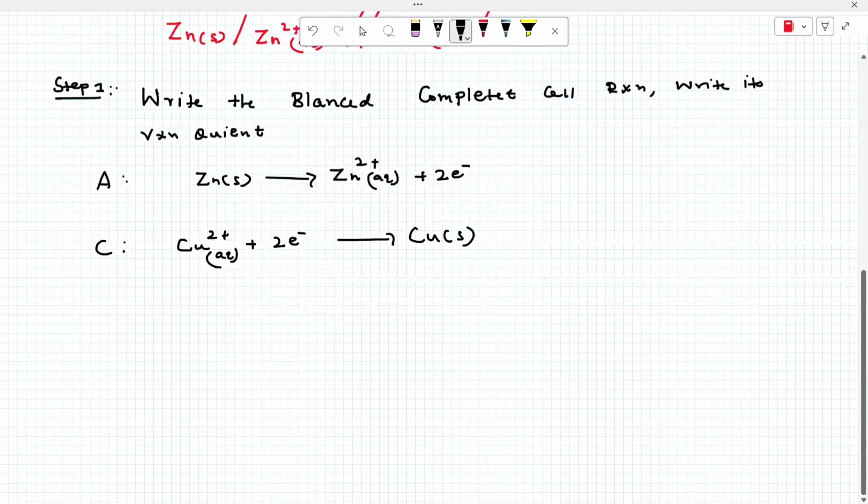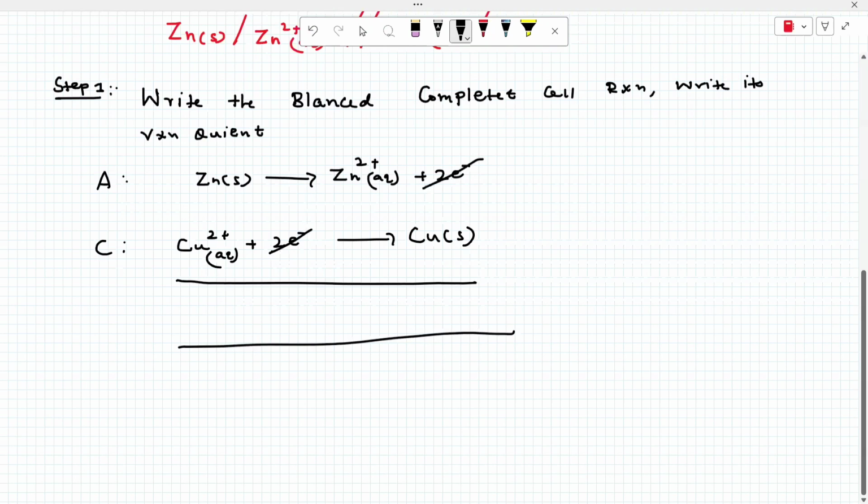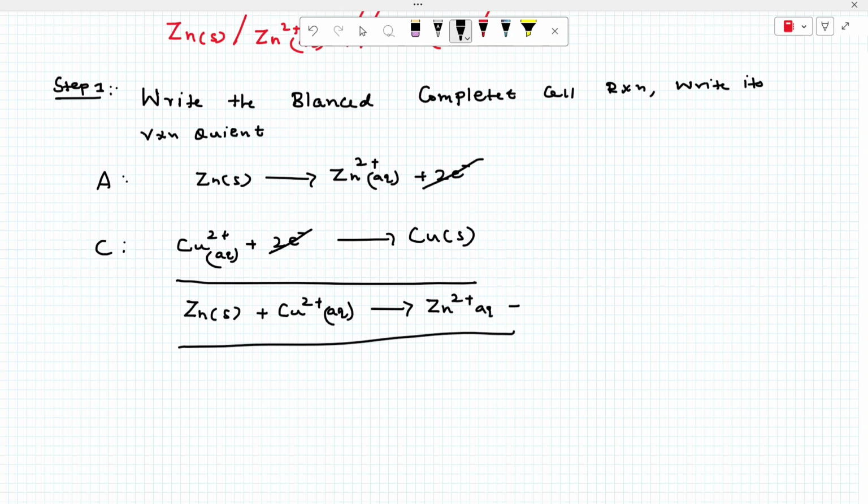Now add these two equations, simple. The electrons cancel out. Now what is the final reaction? Zinc solid plus Cu2+ aqueous gives Zn2+ aqueous plus Cu solid.